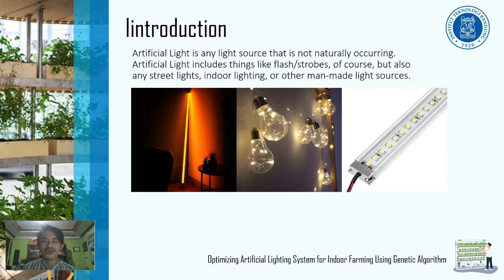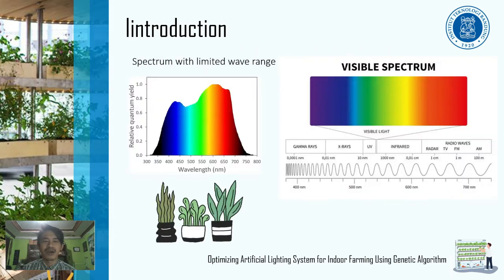And so why do we need to describe lighting? Because we will be looking at the situation of indoor farming and what spectrum we have, and we need to bring energy to our plants, and what they need.